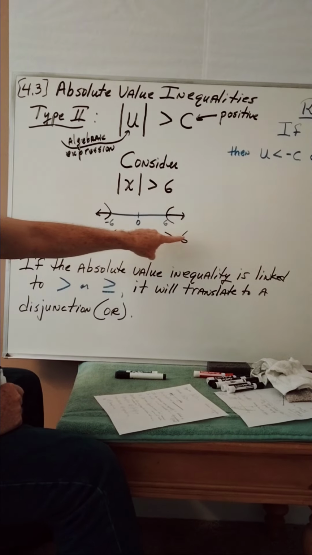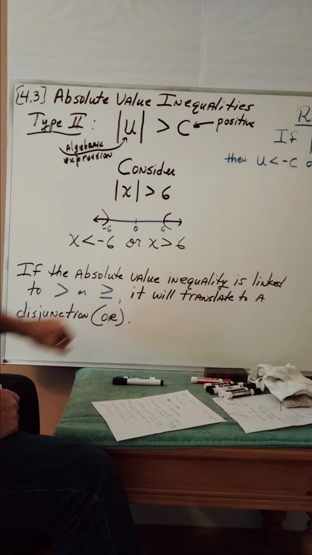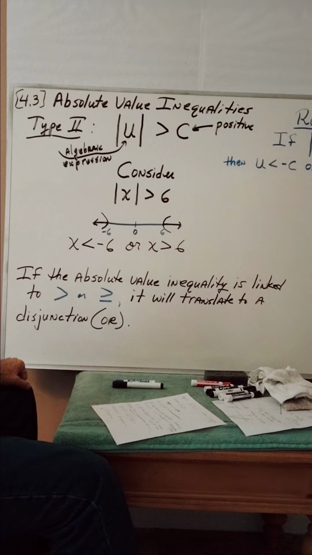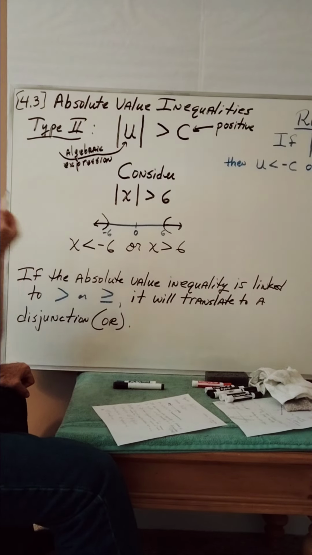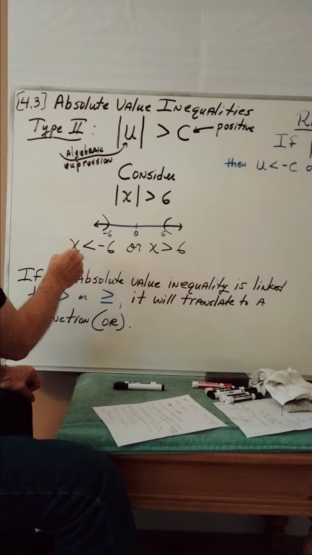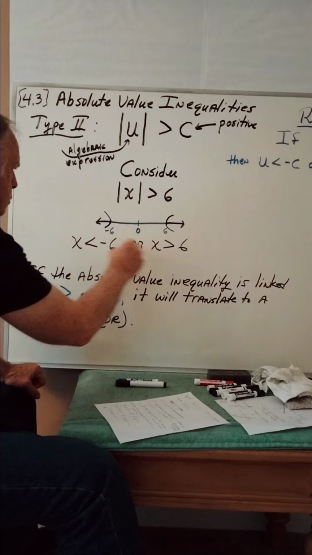When you write your interval notation, you can write it in this way. You can also do this. If we were to look at this particular one in interval notation, this is more or less the solution.